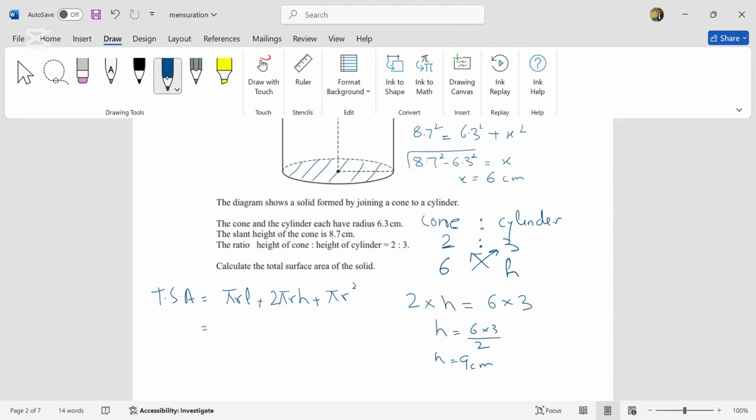Okay, let's insert in the values. Radius is 6.3, slant height is 8.7. 2 pi, the radius will remain the same, that is 6.3. Height we have got as 9. Then pi, radius is 6.3 square.